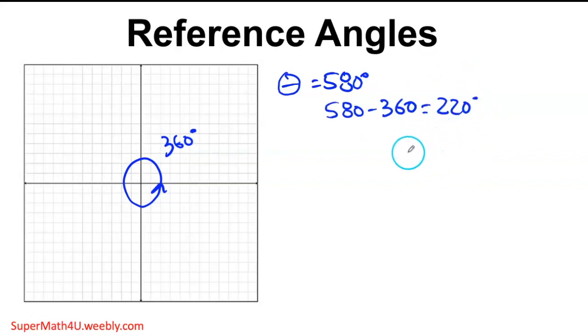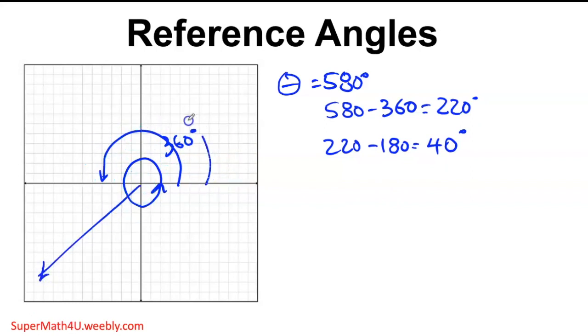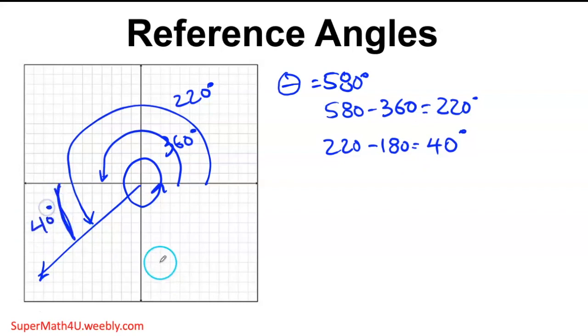Now I work with 220. This is 180, and I know that 220 is bigger than that, so I take 220 minus 180 and I get 40 degrees. So if this is 180, 220 is going to be around here. Subtract 180, and that with the x-axis makes a 40-degree angle.